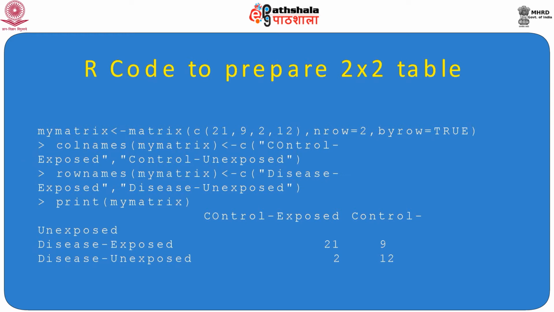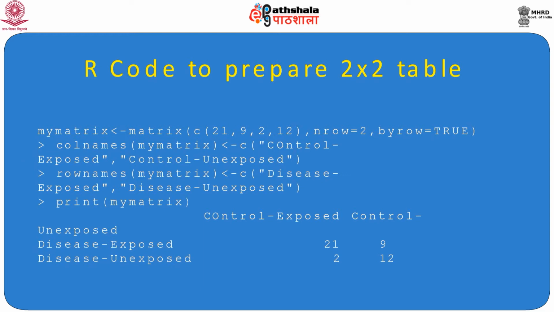Now in the second line we set the column names of mymatrix as control exposed and control unexposed. So the first column name will be control exposed and the second column name will be control unexposed. Thereafter, when we put the row names of mymatrix, the first row name will be disease exposed and the second row name will be disease unexposed.